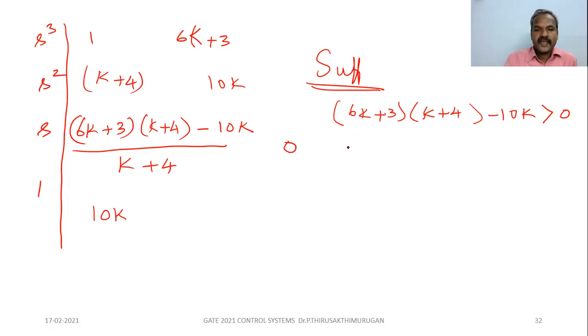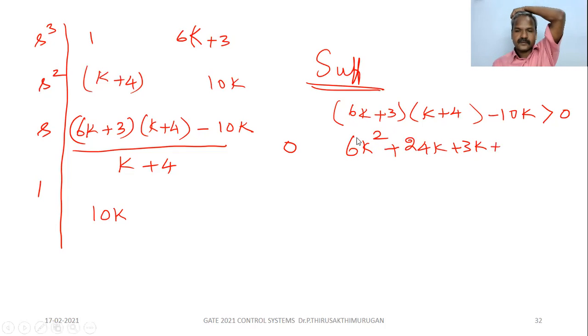So 6k square, multiply this, plus 24k plus 3k, 3k, right, 3k into 4 is 12, minus 10k will be greater than 0.